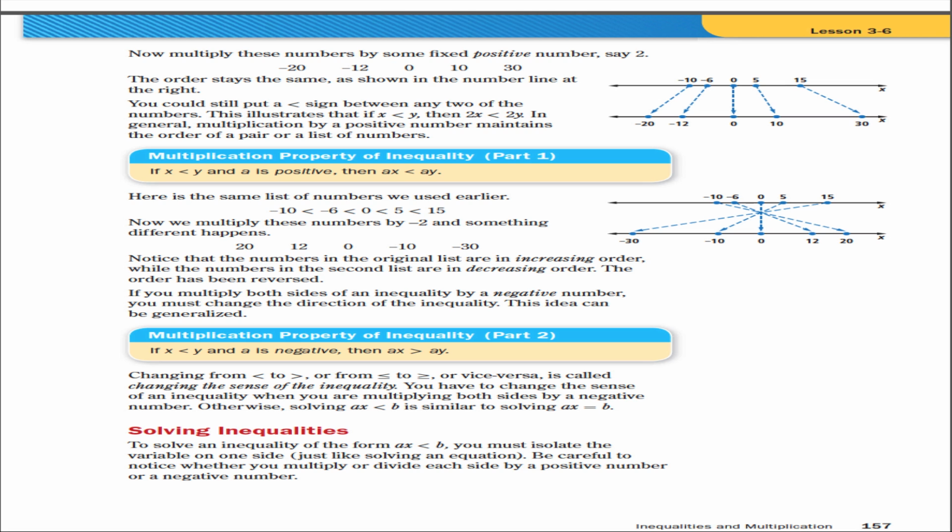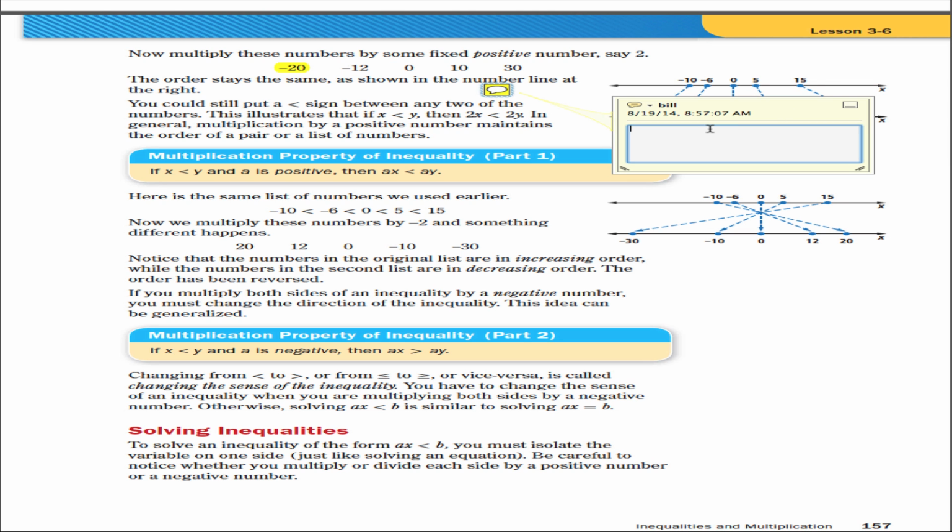So here's a case where things might stay the same. If we have these in order and we multiply any of these by 2, so we look up here, negative 20 times 2 is negative 40, and we'll make an inequality real quick here. We have negative 20 is less than 10.